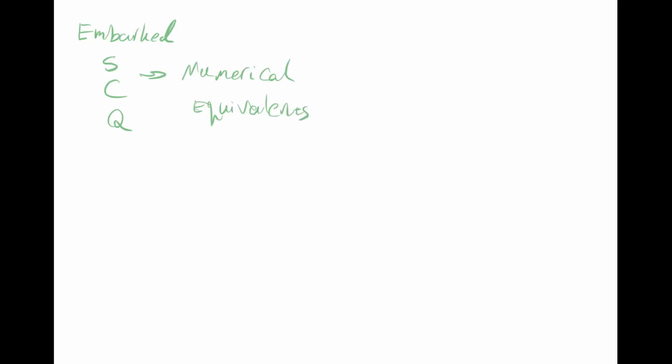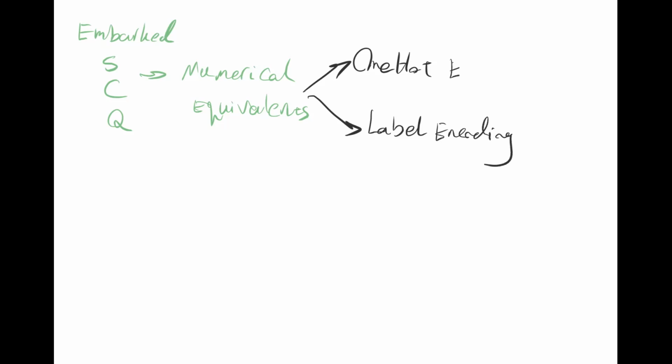How? There are two approaches. One is one-hot encoding. Another one is label encoding. So let's first talk about one-hot encoding.